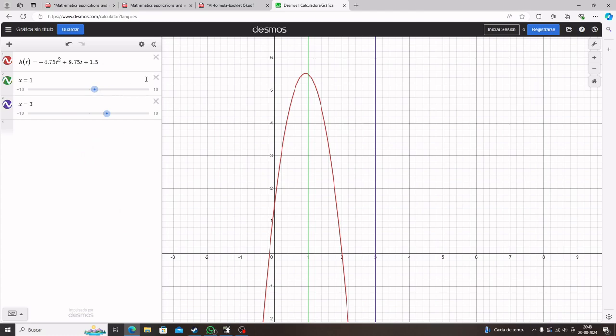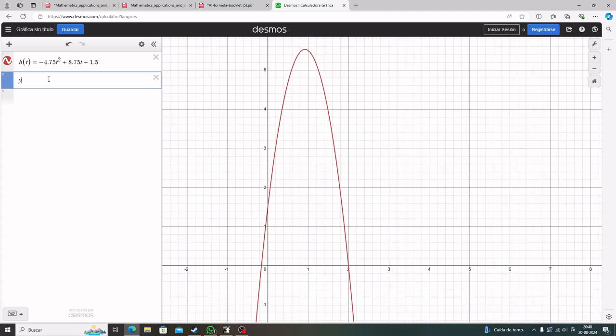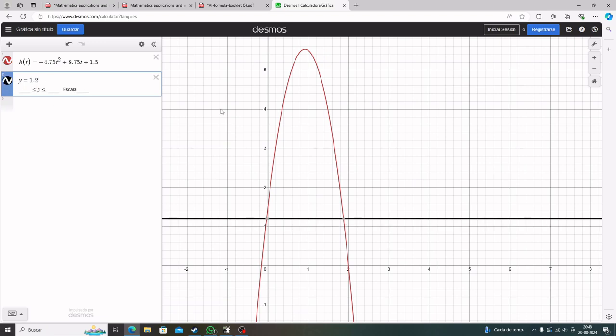So basically I'm having this equation here, and if I go ahead and put a y equals 1.2, I just need to find this point right there. And so if I find this point right there, this intersection, this will be when the player catches it. So notice the 1.2 is going to be the height, and that 1.875, which rounds up to 1.88, is the moment it is caught.